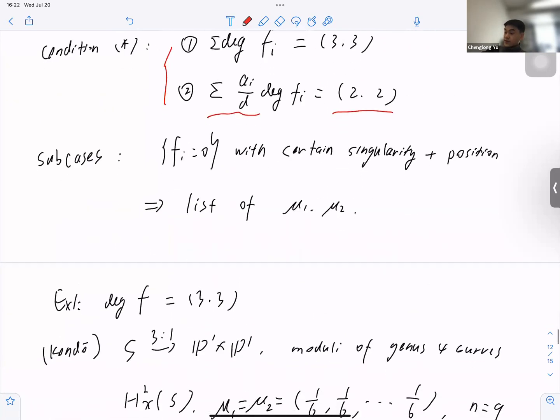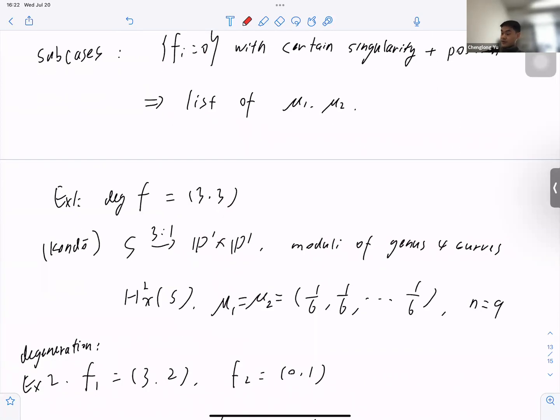So let me give you some examples. The simplest example is just one f, so the degree of f is equal to 3. So it will be a degree 3 curve inside P1 cross P1. And this is classical theory. If we take P1 cross P1 by the Segre embedding into P3, then it's a quadric inside P3.